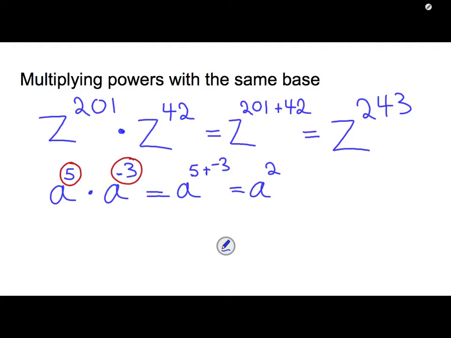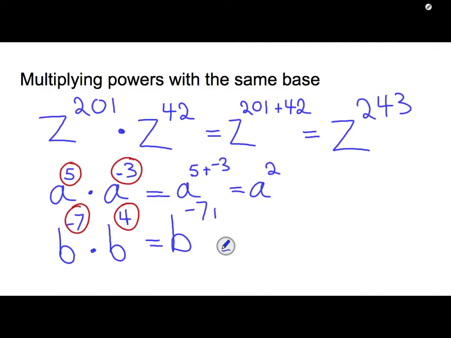Let's do one more. Let's do b to the negative 7th times b to the 4th power. Same thing. We're going to add our exponents, and I get b to the negative 7th plus 4.